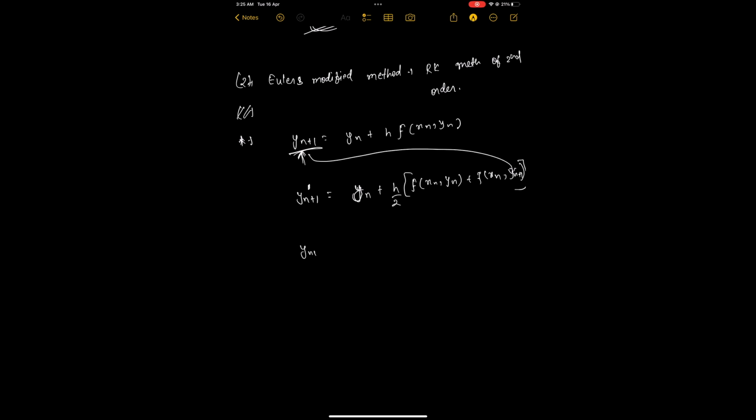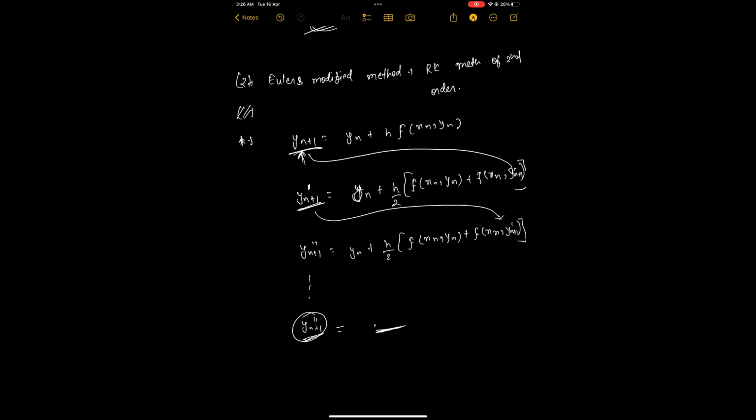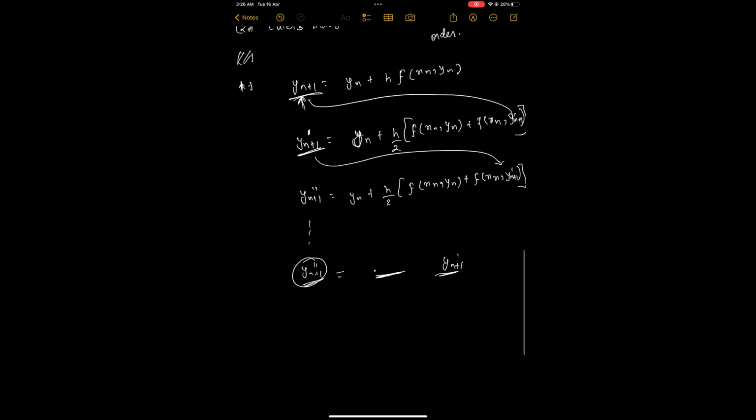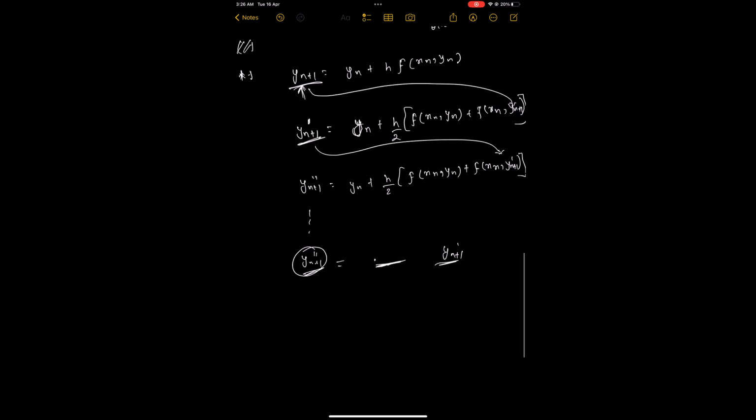Similarly, y(n+1) double prime equals yn plus h over 2 times f of xn comma yn plus f of x(n+1) comma y(n+1) prime. So we put y(n+1) prime here. We continue this process until, suppose, the first 4 decimal digits of the new y(n+1) match the previous one, then we stop there. So that's it for this method.